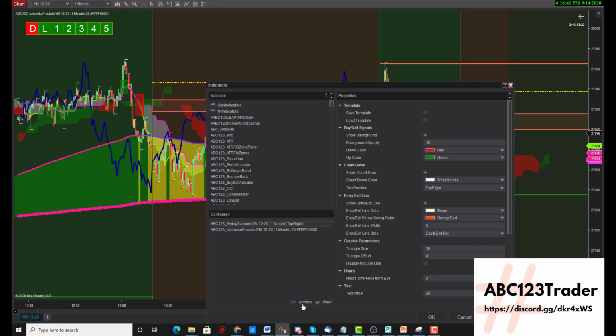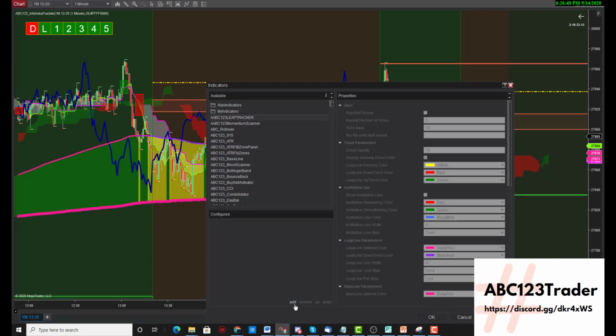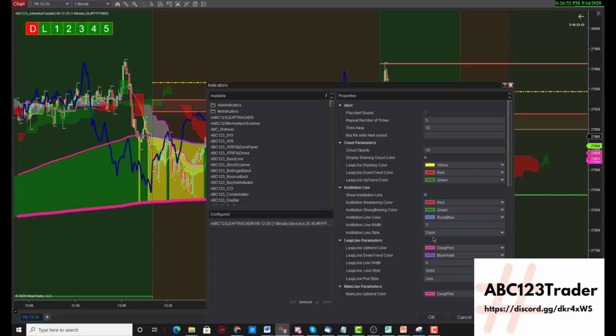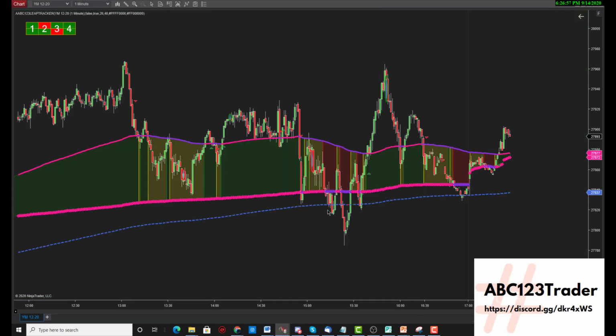Or, for example, let's say I get rid of the basic and just use the basic Leap Tracker system. I'll add the institution line to it. Now, the basic Leap Tracker system only has 4 phases of logic that I'm trying to recommend. That's saying we're actually uptrending right now.